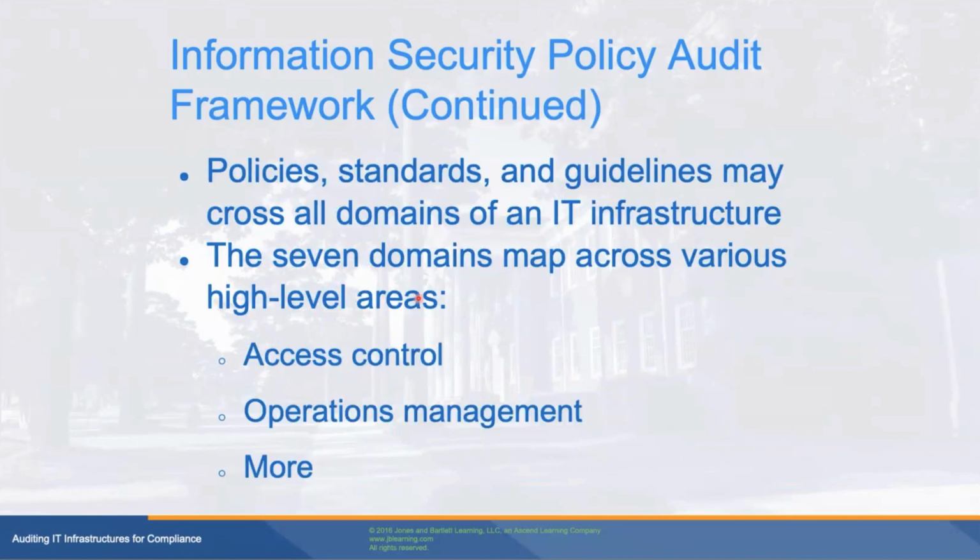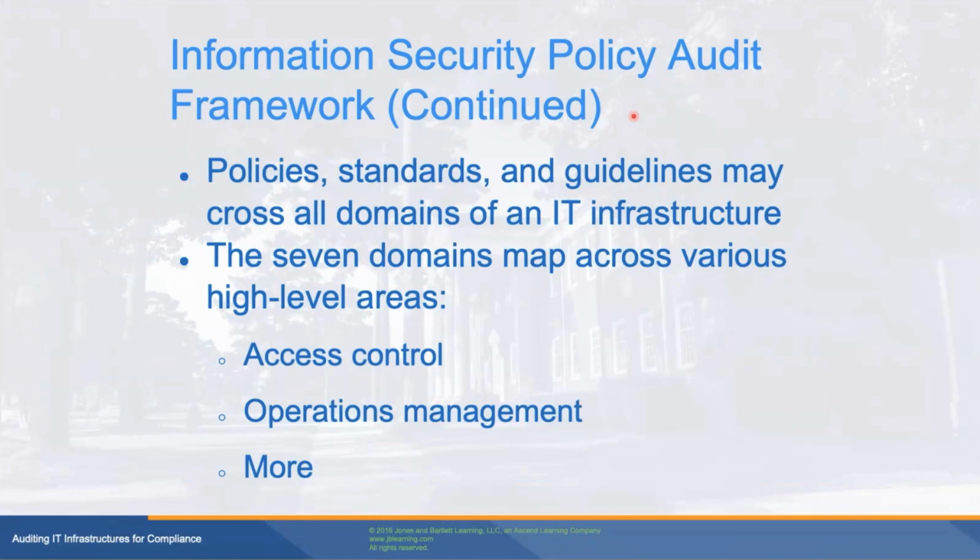So remember, if you can get your policies, standards, and guidelines to cross the different domains of IT infrastructure, then your organization is going to be more standardized. So there's 7 domains. Remember, we're going to go over them in the rest of the chapters of the book.